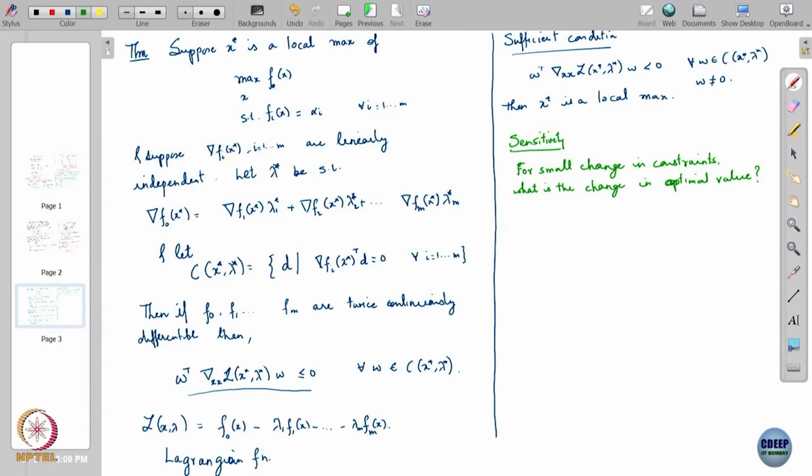So, small changes in the constants of the constraint, what is the change in the optimal value. You can do this one constraint at a time also. You do not need to look at all constraints together. If you are changing only one constraint by a slight amount, you are basically just making a change in that particular component of alpha.